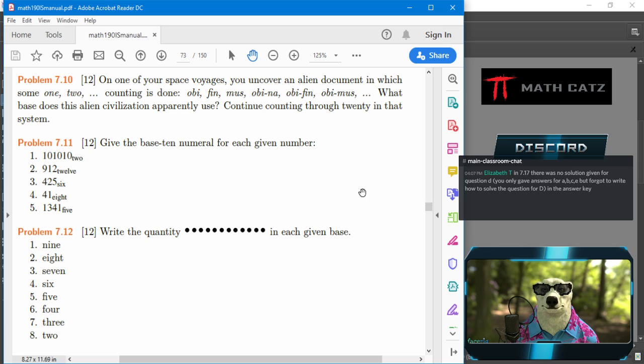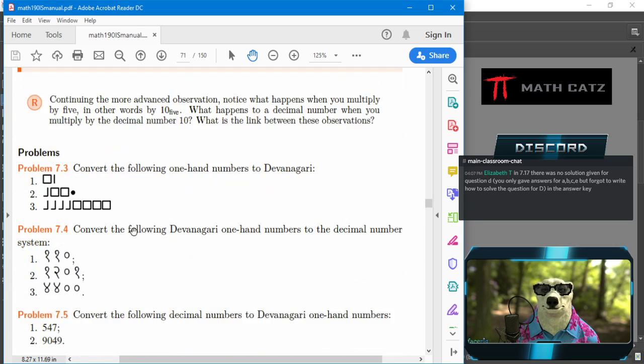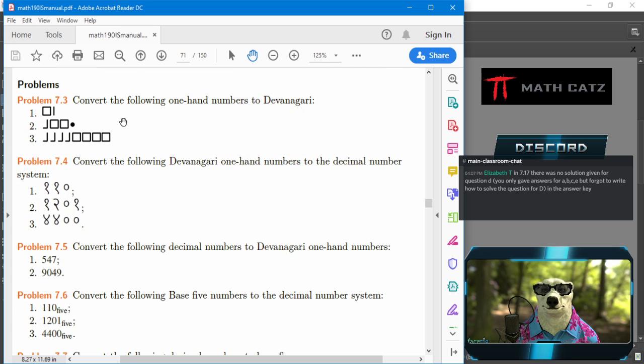So let's just check if there are issues with the one hand system, if I look at problem 7.3, 4, 5, and so on, slowly build up from the one hand system, how it evolved into this in between, historically speaking, base 5 system where the symbols are a little bit different perhaps, but we are doing the same counting in fives, and eventually we can evolve the symbols to ones we have today.